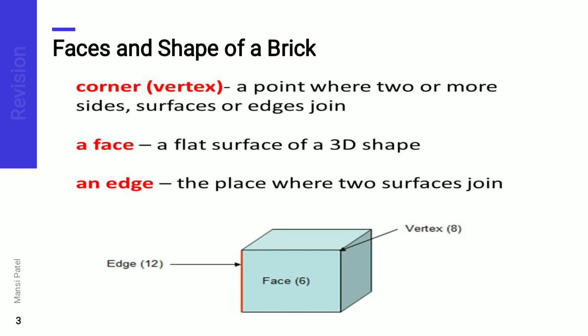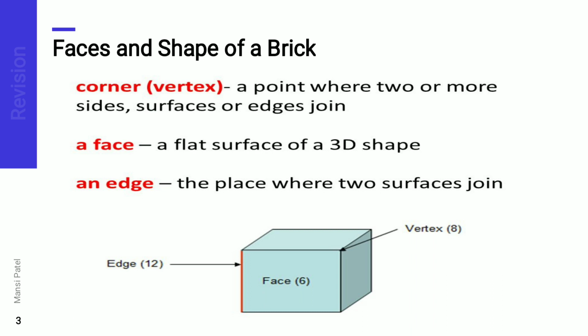Now let us see the definition for corner, edges and vertex. Another name for the corner is the vertex, and the plural form of vertex is vertices. What is the meaning of vertex or corner?